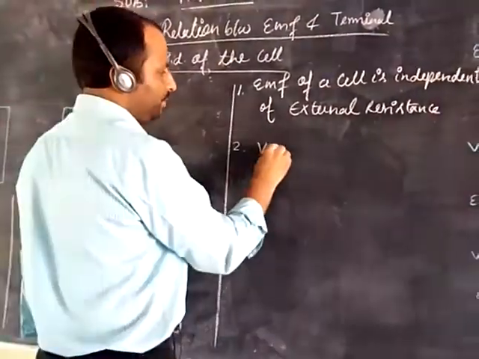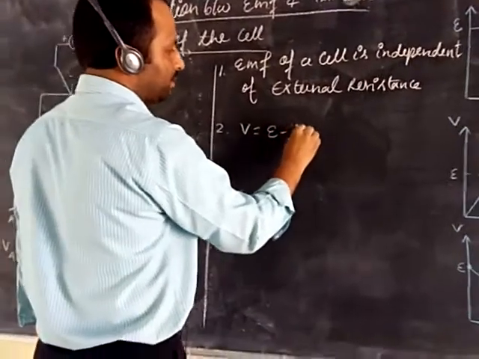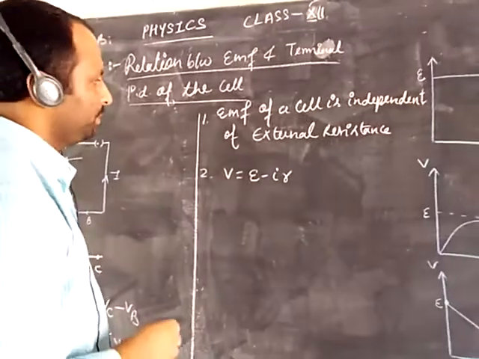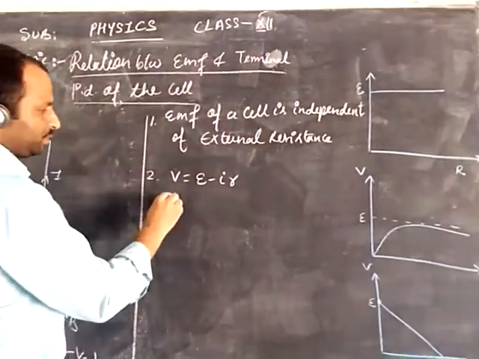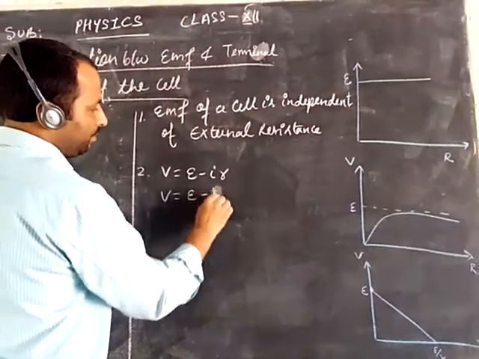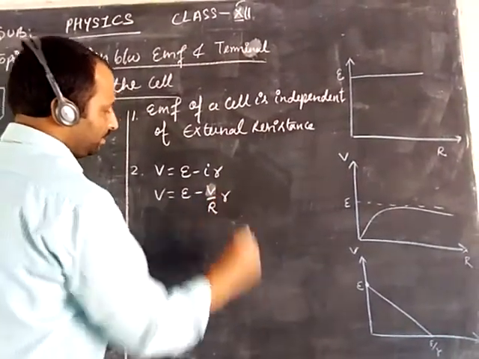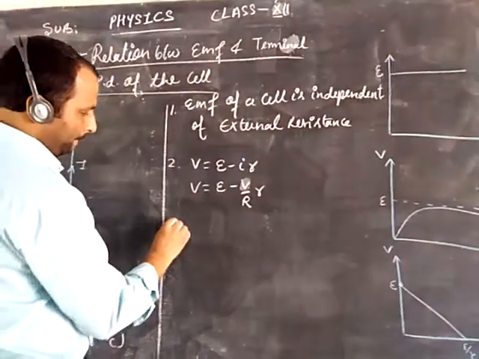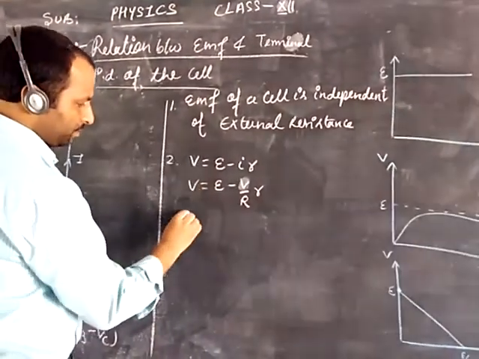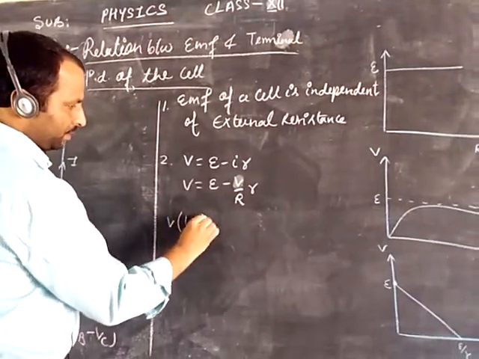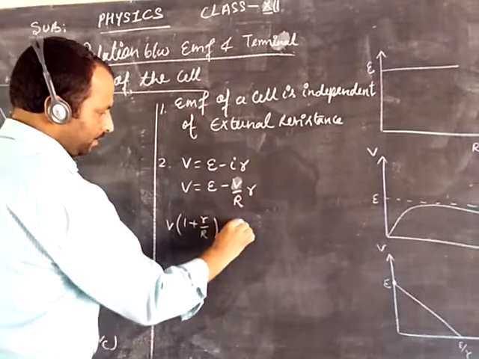Second part: we know that V is equal to E minus IR. Now the graph is plotted between V and external resistance. So V is equal to E minus I, and I is how much? E upon R plus r.